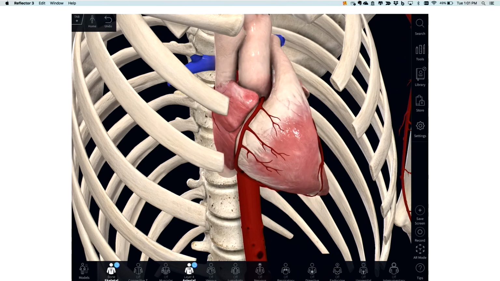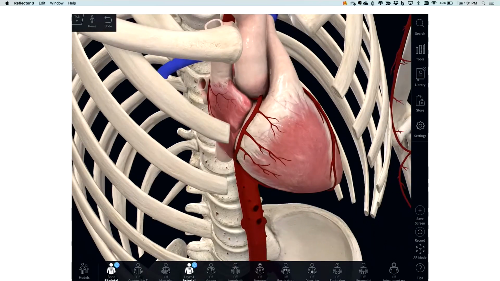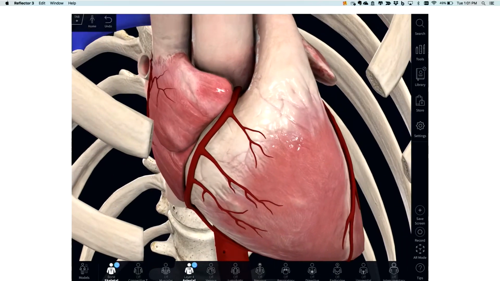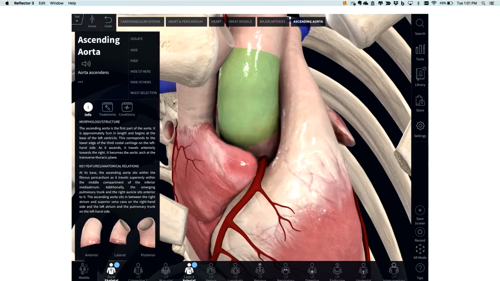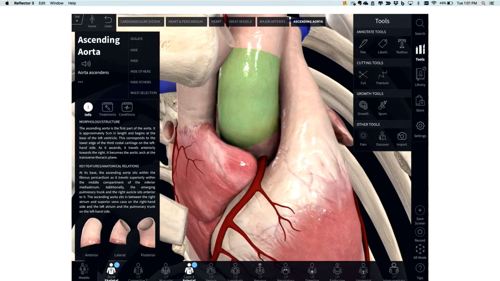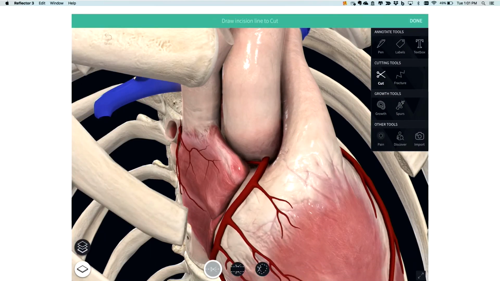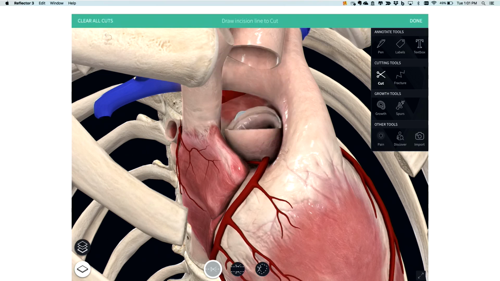The what? Coronary arteries, absolutely. So let's take a quick look. This is the aorta, right? Let's cut the aorta open. Okay?